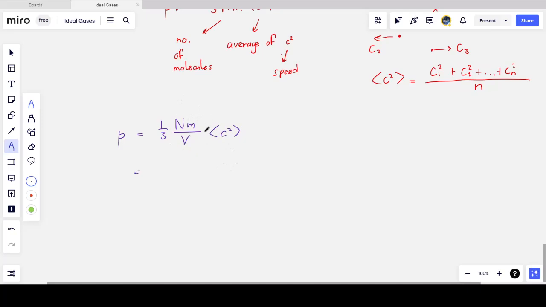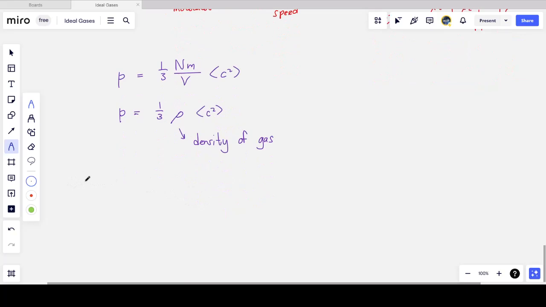If I divide that by the total volume V, I get the density of the gas, rho. Notice it looks like P, but it's not actually P. It's a slanted P, it's a rho. So this is the density of gas multiplied by the average of C squared. Not P, but rho. So always make sure your P and your rho look different. P is more upright, rho looks like a P, but more slanted. And weirdly, it's the Greek letter for R, not P.